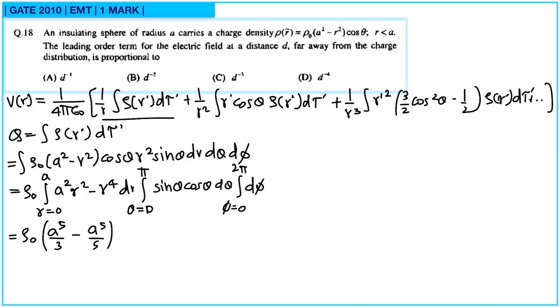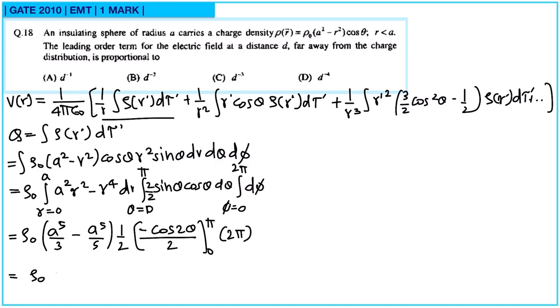Here we can adjust the 2 here. So this will be sin 2 theta by 2, so this will be 1 by 2, and the integration of sin 2 theta is minus cos 2 theta upon 2, and the limits are 0 to pi, and the integration of d phi is 2 pi. So this will be equal to cos of 2 pi minus cos of 0.